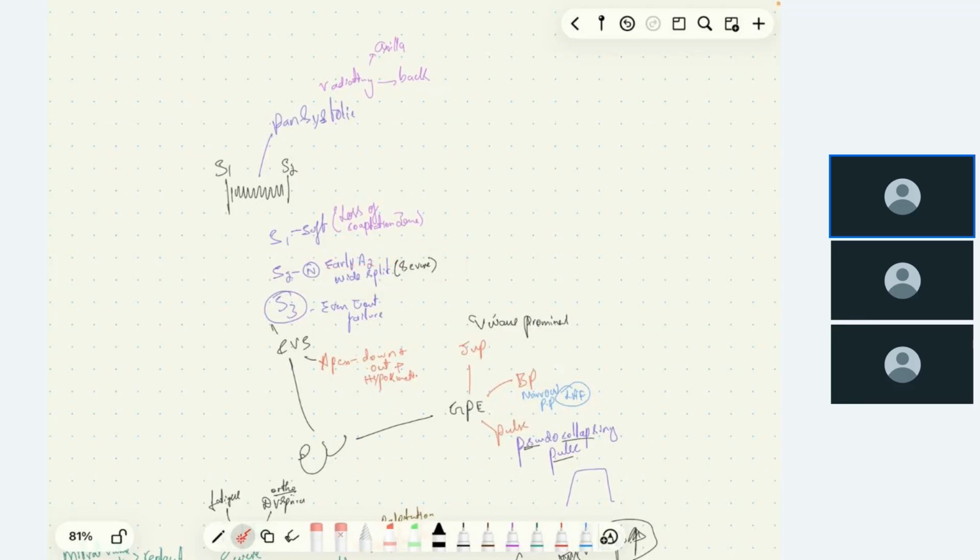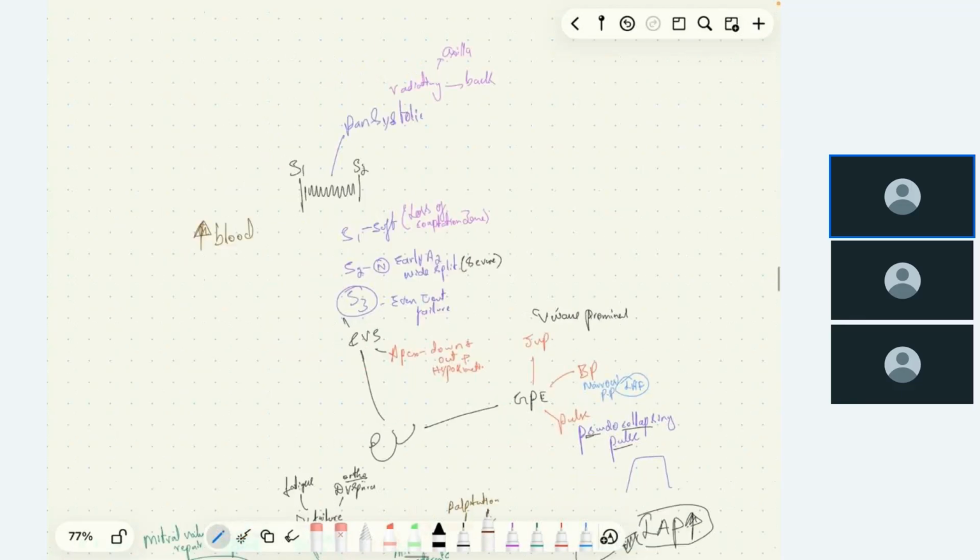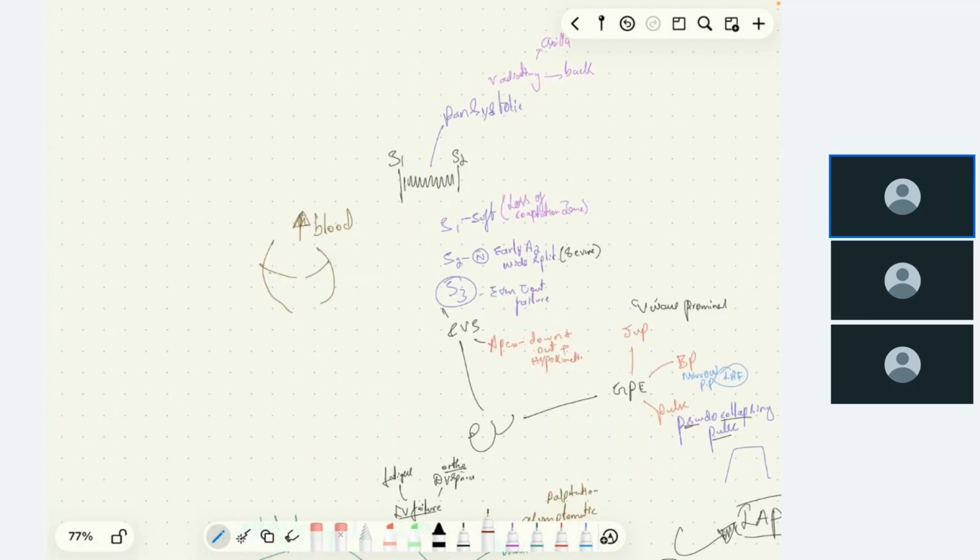We can see S3 due to increased blood reaching the left ventricle. Why do we see S3? The third heart sound is heard because whenever the blood comes down into the left ventricle with force, it makes the third sound.